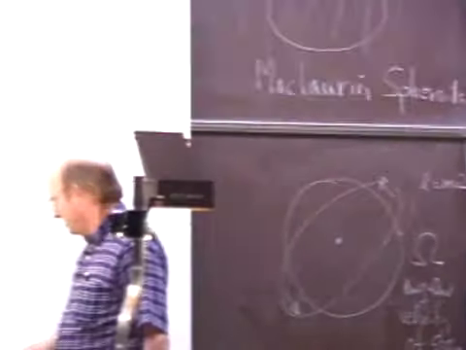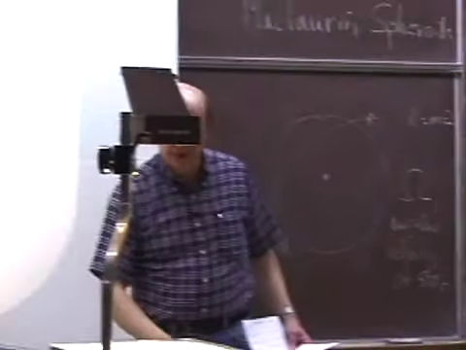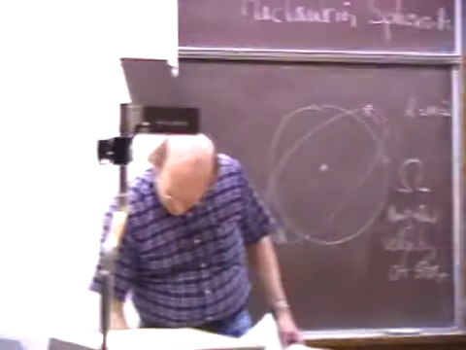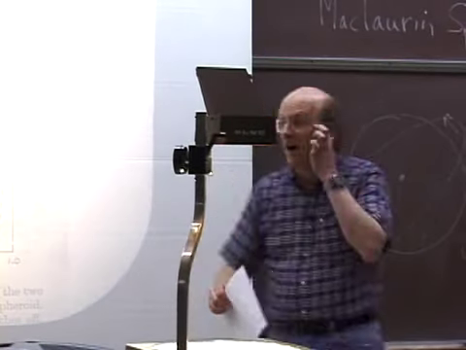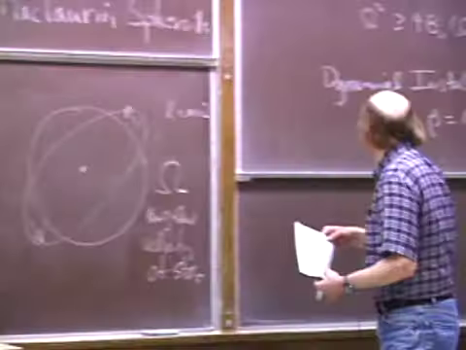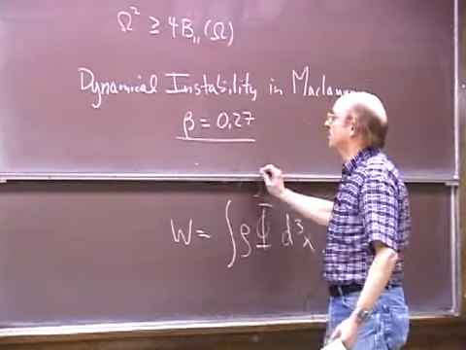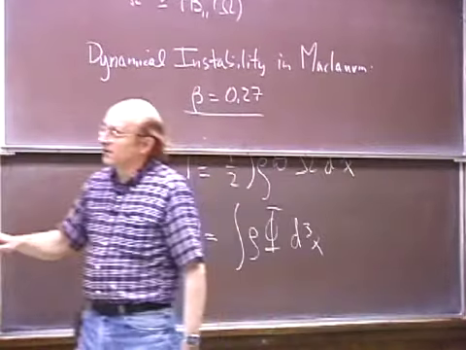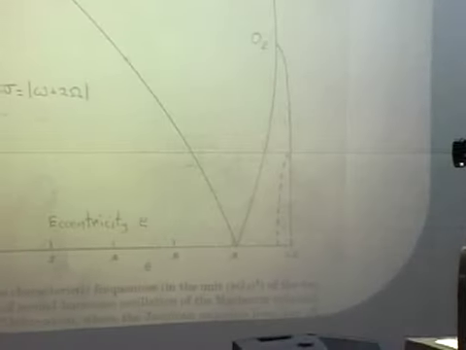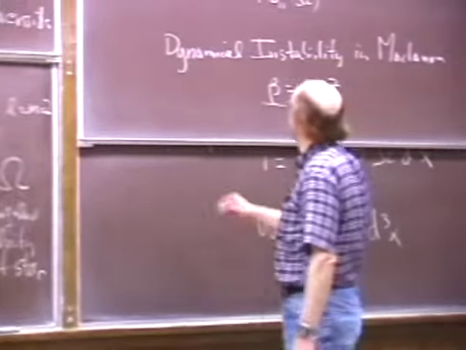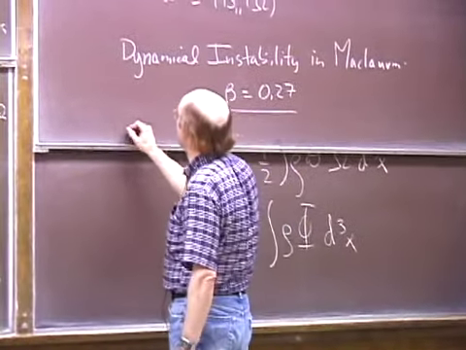That corresponds to an eccentricity of about 0.95, but this 0.27 number is something you see in the literature all the time. The place where this crosses 0, which corresponds to where secular instability happens, is at 0.14.